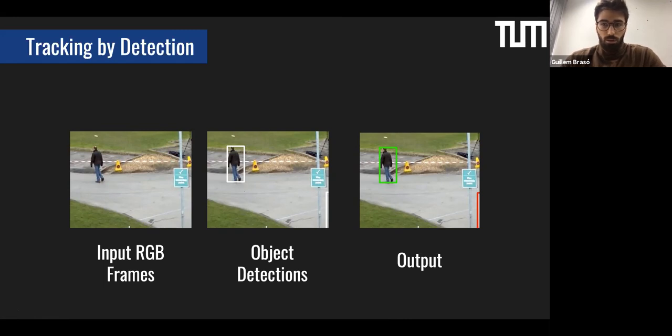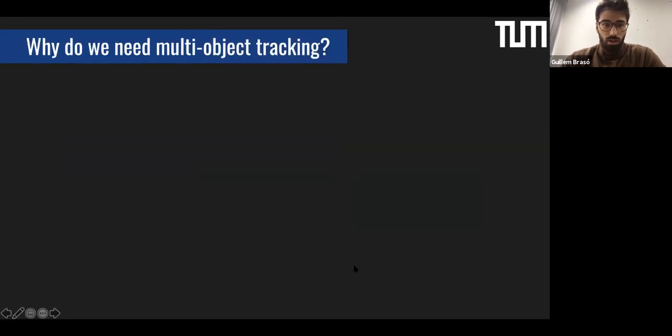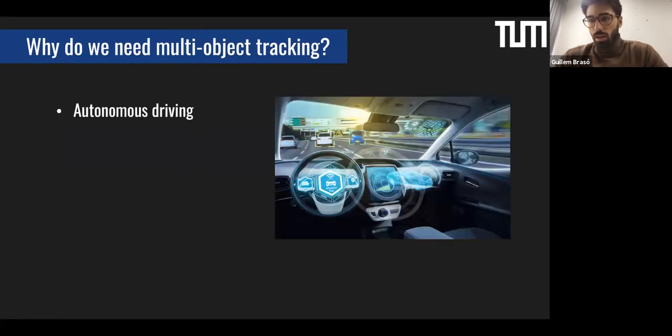Okay, so before we go on, we might ask ourselves, why is this problem important? It's actually a pretty basic problem in computer vision, and it has several applications. The first one, and maybe the first one that comes to mind, is autonomous driving. In autonomous driving, generally, we're not only interested in whether there's an object or not.